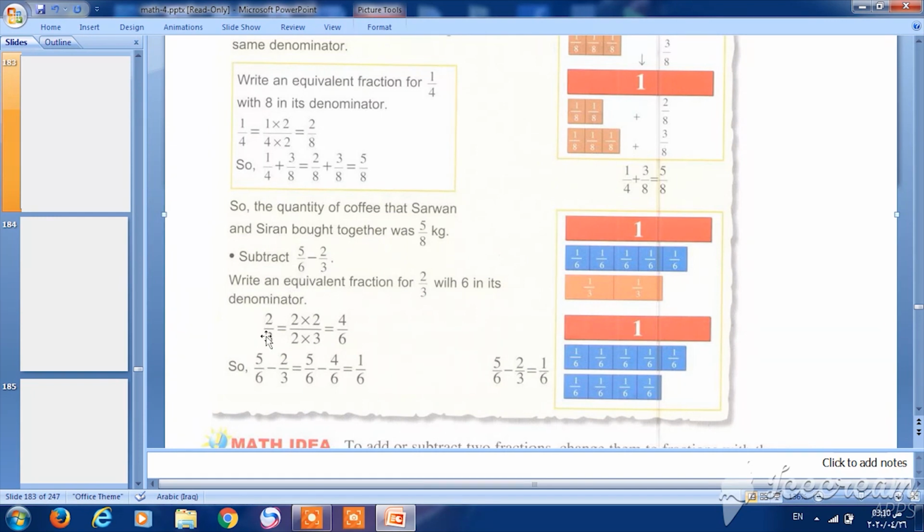How can you change it? 3 multiplied by which number equals 6? 3 multiplied by 2, so we must multiply the numerator by 2 also. 2 multiplied by 2 equals 4, and 3 multiplied by 2 equals 6, and you put this fraction 4 over 6 in place of 2 over 3. Look, here you have 2 over 3, and here we put 4 over 6, and we find the difference. 5 minus 4 equals 1, and you keep 6, we get 1 over 6.